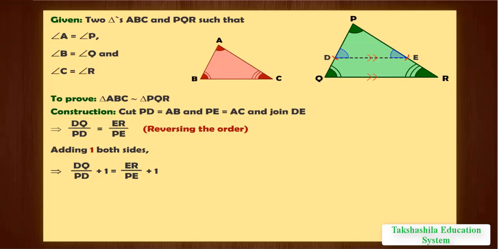By taking LCM, we get DQ plus PD upon PD is equal to ER plus PE upon PE. By adding the numerator, we get PQ upon PD is equal to PR upon PE.